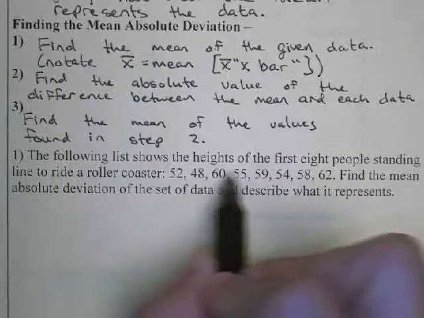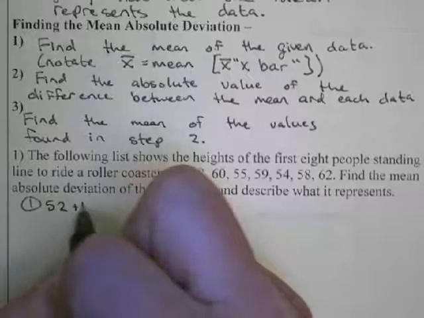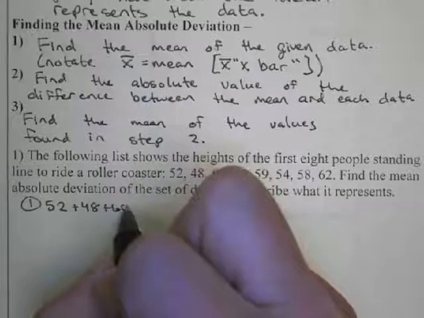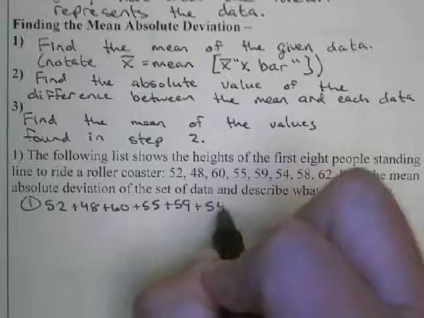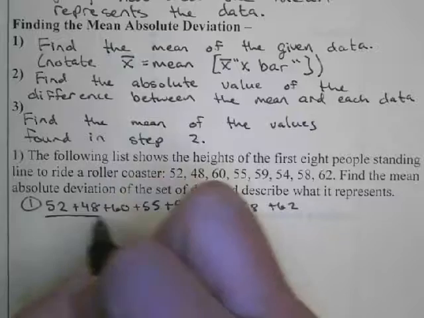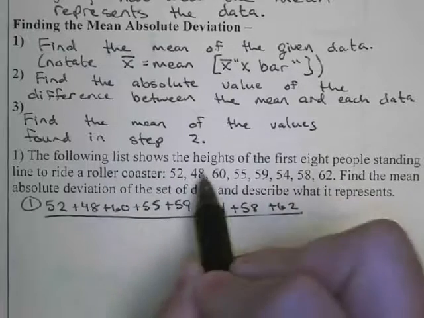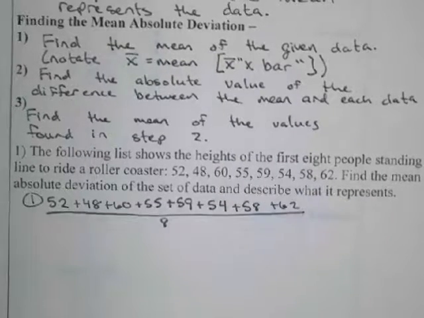So step 1, I'm going to add each data point together, and then divide by the number of points, 1, 2, 3, 4, 5, 6, 7, 8, by 8.